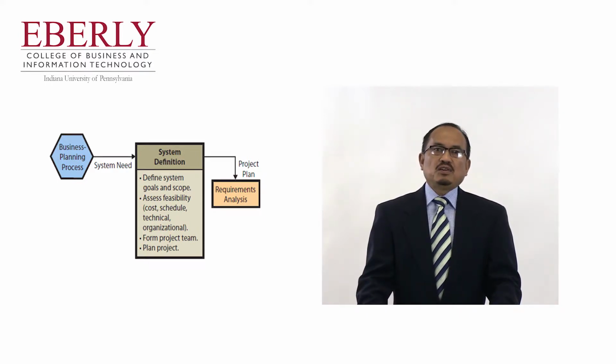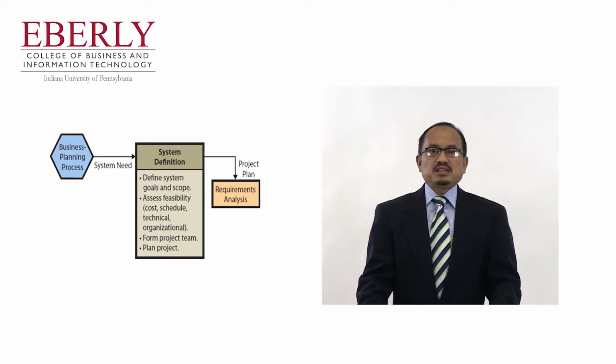Cost feasibility involves an assessment of the cost of the project. Clearly, it depends on the scope of the project. At this point, all the team can do is to make rough estimates. Like cost feasibility, schedule feasibility is difficult to determine because it is hard to estimate the time it will take to build the system. At this stage of the project, the organization should not rely on either cost or schedule estimates.